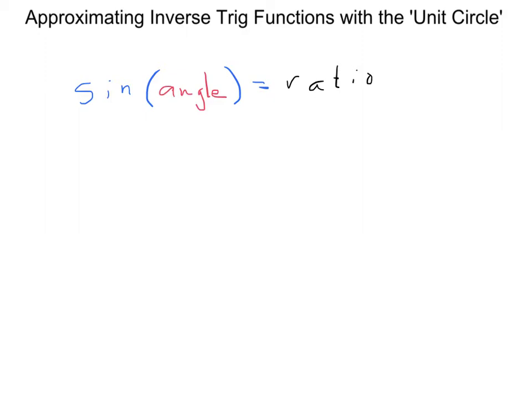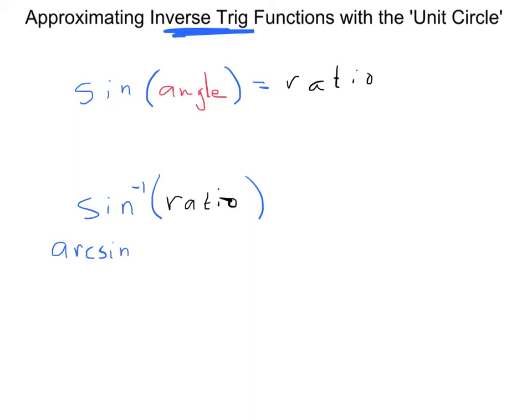Now when we're doing inverse trig functions, someone will say, what is the inverse sine, which is sometimes written as arc sine. And when they ask for the inverse sine of something, it's the inverse function. It works backward. The thing that they are giving you is the ratio.